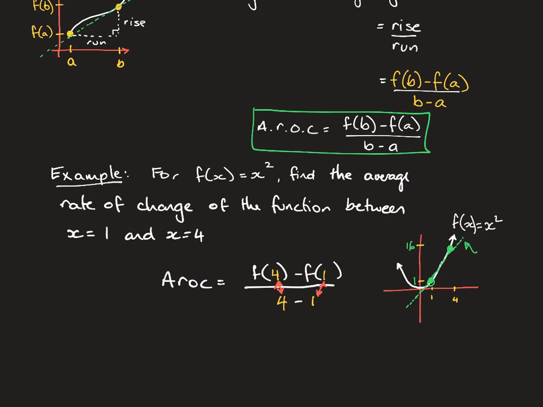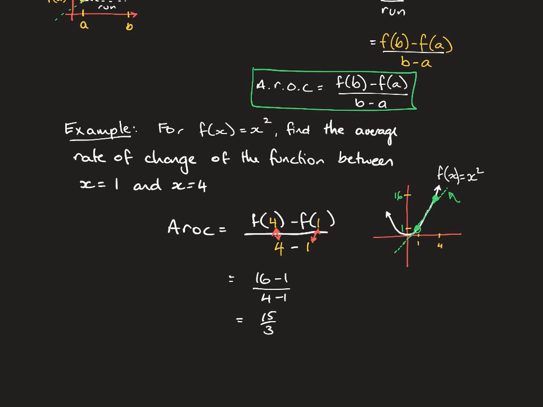So what we've got here is 16 minus 1 over 4 minus 1, which is 15 over 3, which is 5. If I did it the other way and did f of 1 minus f of 4, as long as I got the 1 first and the 4 second, we'll get the same answer.